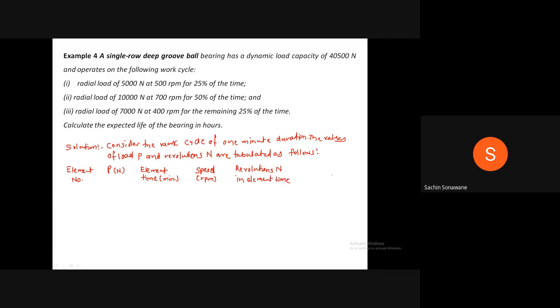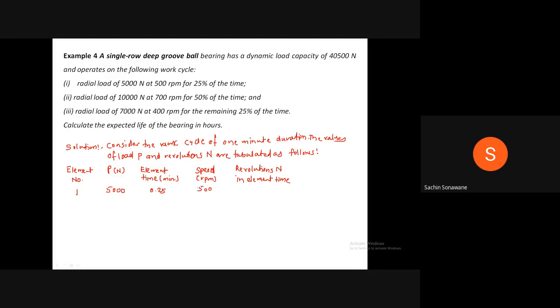Therefore, first of all, element number 1, force P is 5,000 Newton. Element time, it is 25% of the time, therefore 0.25. Its speed is 500 rpm.